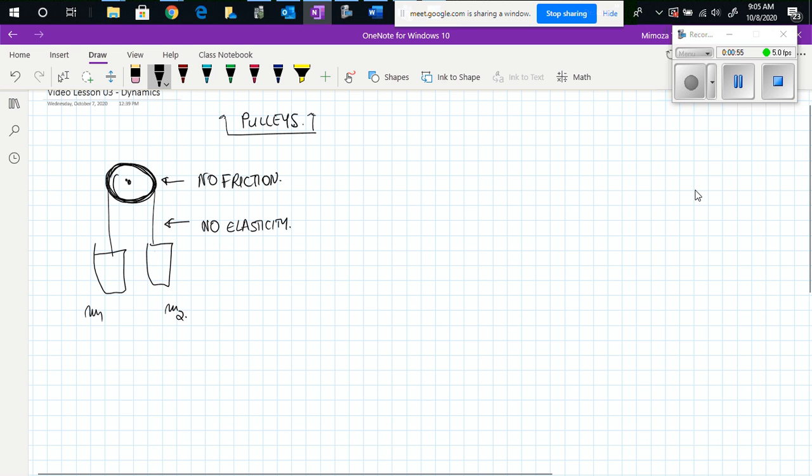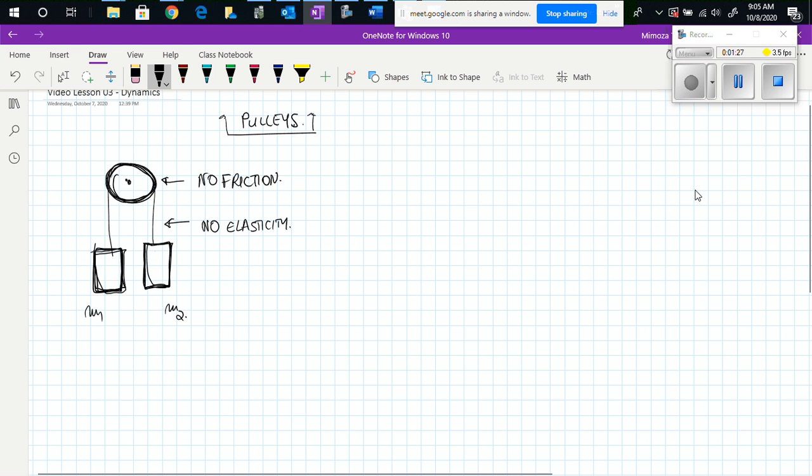So the string is not going to be compressed or expanded as a result of the masses that we are tying to the ends of the string. Now, the pulleys usually are with two different masses because there is no sense to have the same mass on both sides of the rope.